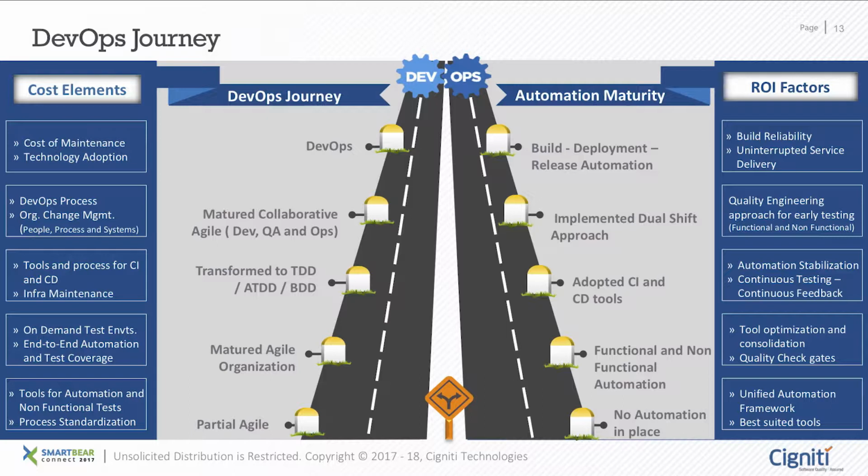So when you start off from no automation in place, you would like to see the low-hanging fruits of having functional testing automated, and then take care of the non-functional testing in an automated fashion, and then move towards continuous integration and continuous delivery and deployment tools, and then primarily also have a shift left and shift right, the dual shift approach of it.